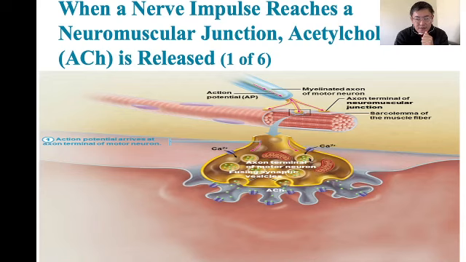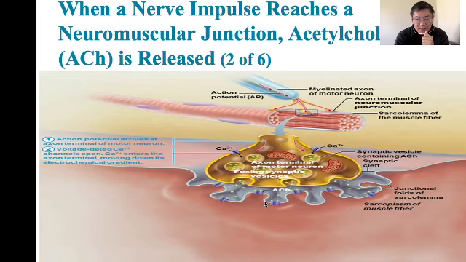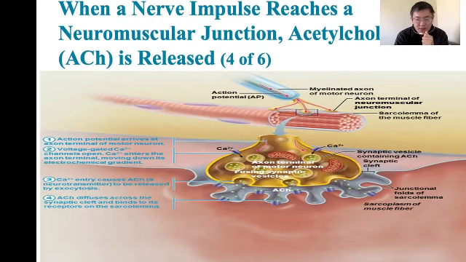The synaptic vesicles use energy from the mitochondria and travel to the axon terminal membrane. Eventually they fuse with the terminal membrane and release acetylcholine into the synaptic cleft. The acetylcholine travels across the synaptic cleft, reaches the junctional folds, and binds with the acetylcholine receptors.